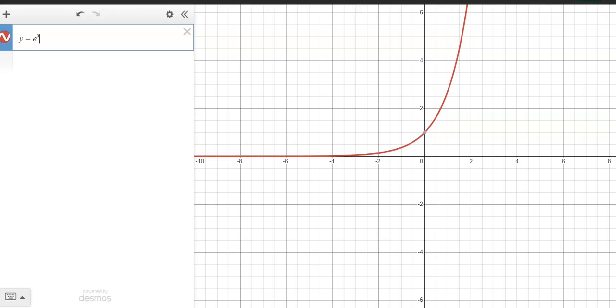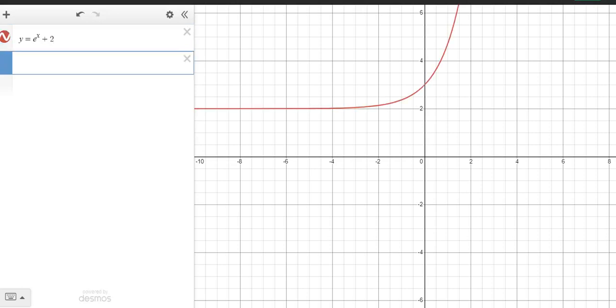So you can see that's exponential. And it crosses at 1 because anything to the 0 power is 1. So you'll notice that point's on there. And then if I do like a plus 2, it's just going to shift it up 2 units. You know, if I compare it to the parent function, y equals e to the x, you'll notice it's the same curve, just shifted up 2. I could minus there and it would go down 2.